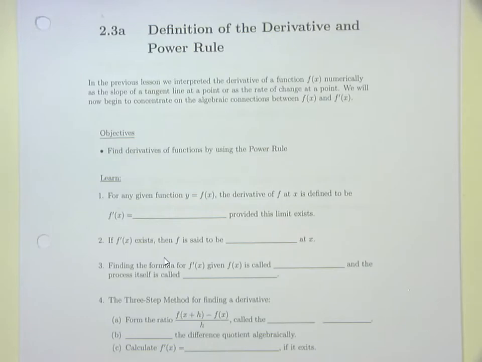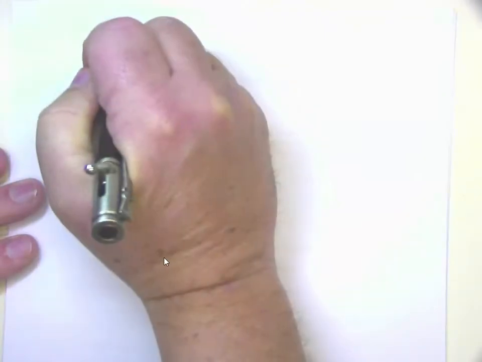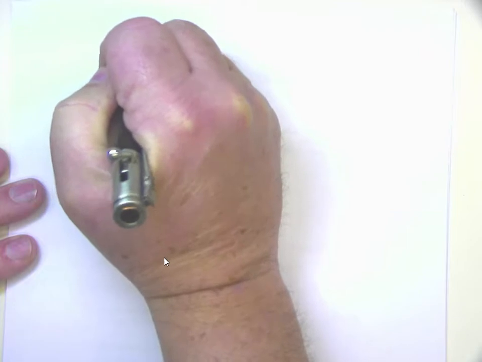All right, today we're covering the definition of derivatives and the power rule. Before we get started, let's talk about what we learned last time. There are 2 formulas I want you guys to know for the derivative. The first one is f prime of a.